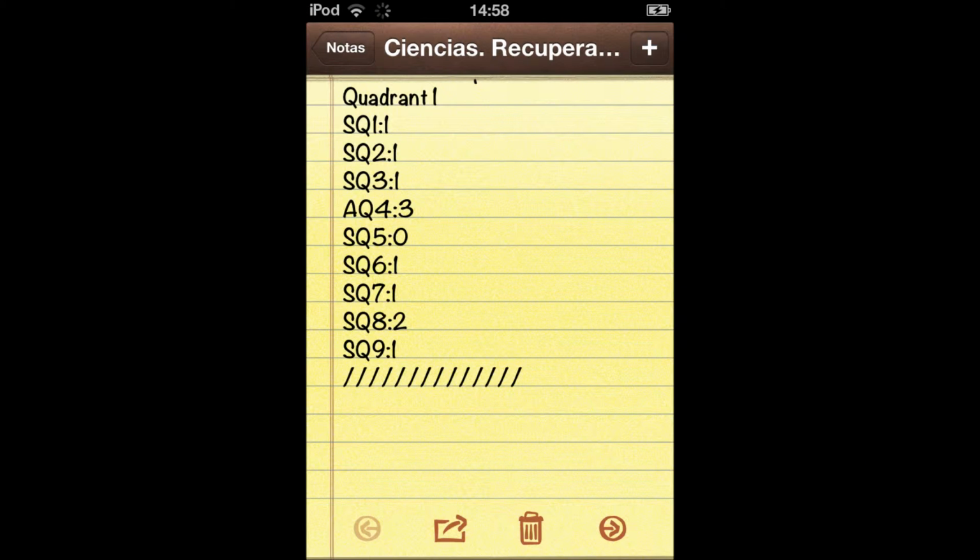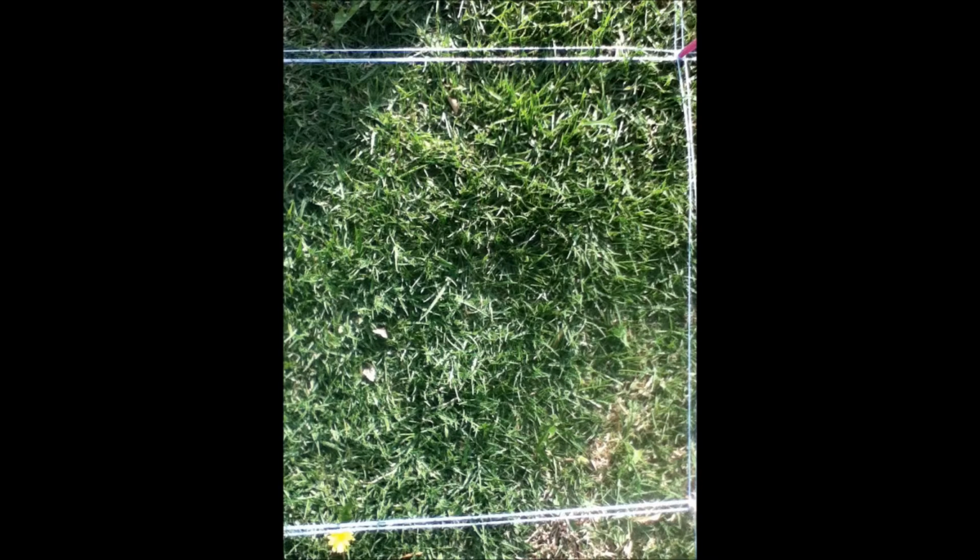After looking at this, I took the mean and the variance to know which dispersion this park had. The mean of the first quadrant was 1.2 and its variance after the operation was 0.02. That means the dispersion was uniform.